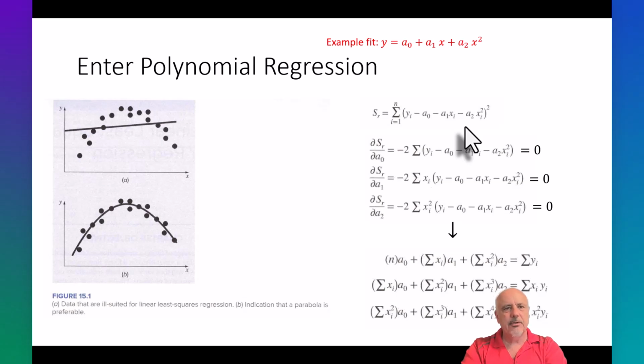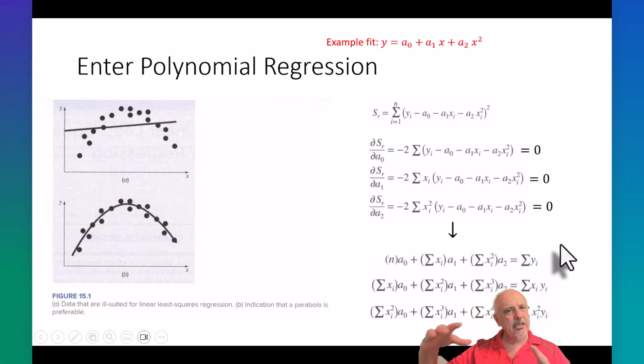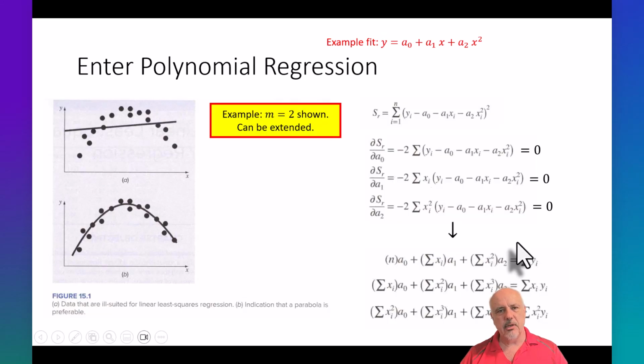And then I'm going to do the same thing. I'm going to differentiate that because I'm interested in finding the a0, a1, and a2 that minimize that SR. And when I do that, I set each of those equations equal to 0 and end up with just an expanded version of what I had earlier with linear regression. So this is m equals 2.